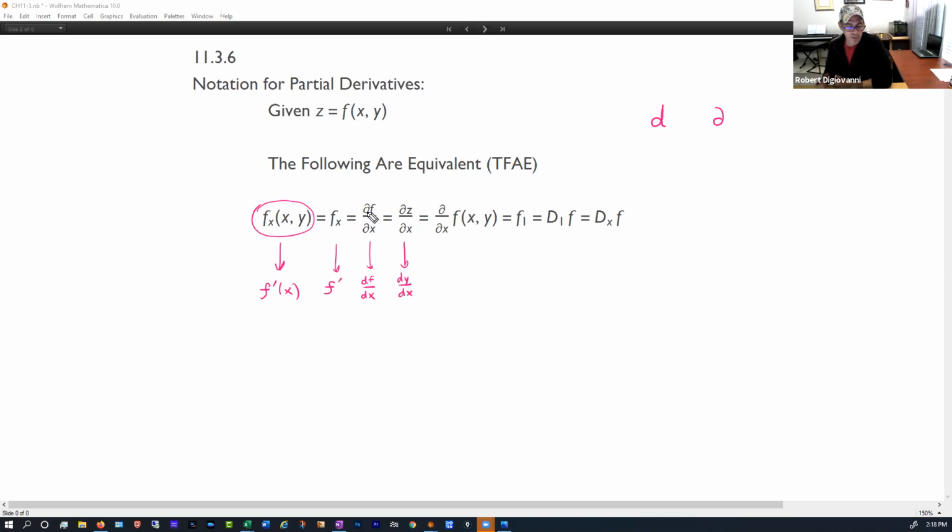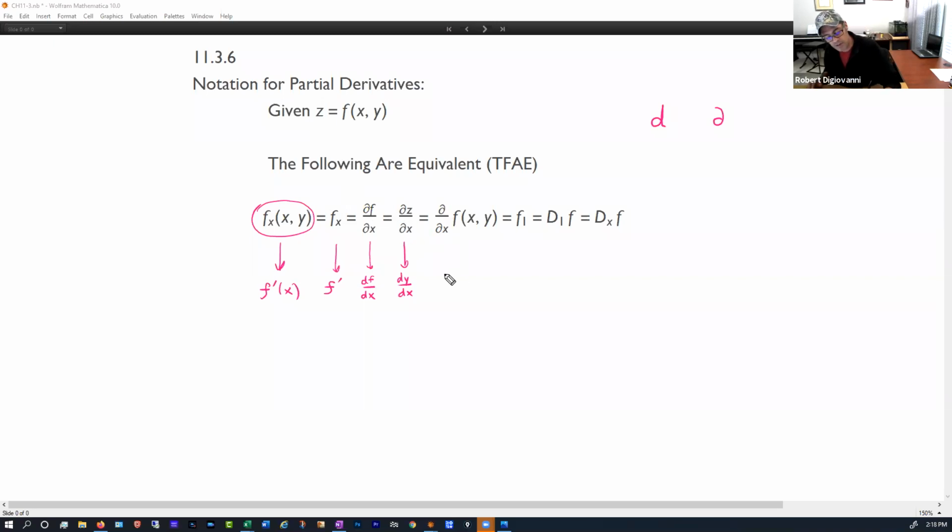So this is saying we are going to take the partial derivative of the function f with respect to x. So instead of df dx, it's the partial of f with respect to x. Or you could say the partial of z with respect to x. See, z is the dependent variable. Or you could do something like this.